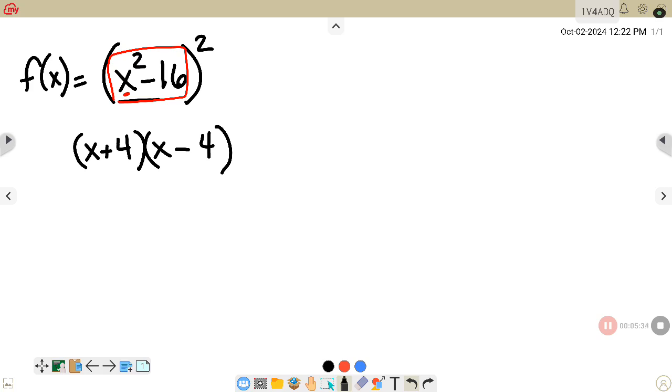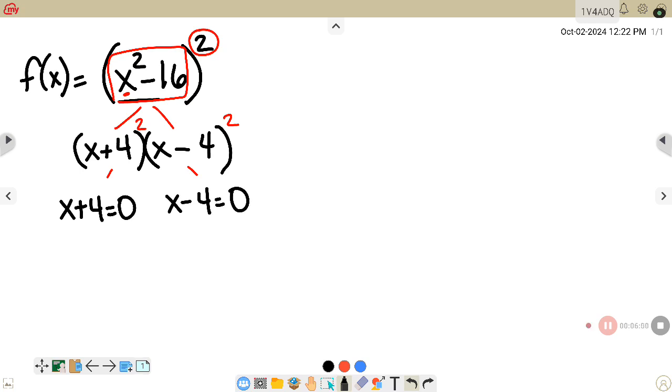So now this is in its factored form, and each one of those factors has that same multiplicity. So now it's in its factored form like my previous two examples were. So once it's in its factored form, that's when you set your factors equal to 0 and solve them for x.